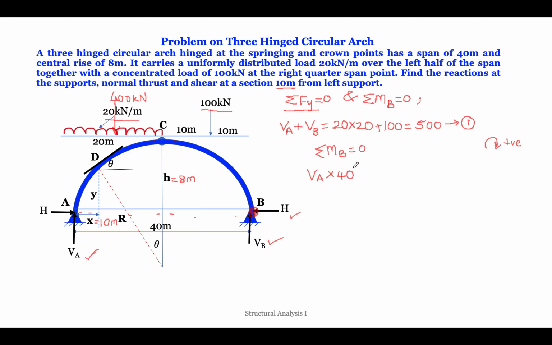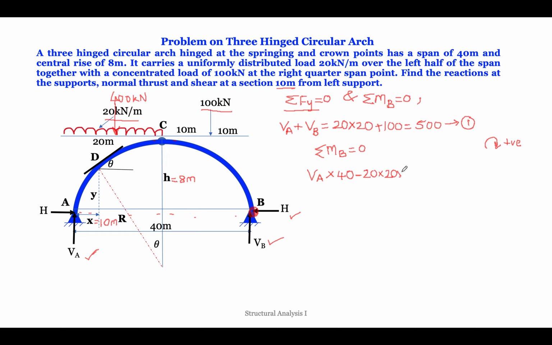So next we will write here for UDL, and it is in anti-clockwise direction, so we will write minus. Again I will write it in detail, 20 into 20, which I have written as 400 there, that is 400 into CG distance.